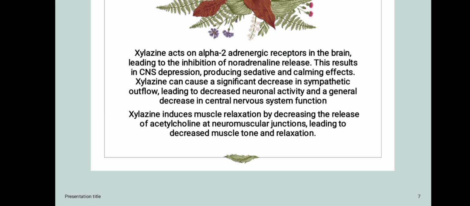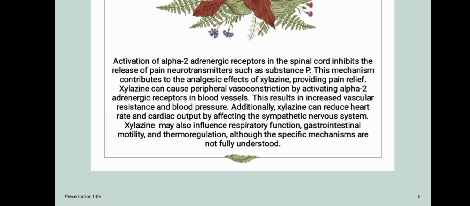Next, the action of xylazine in the human body. Activation of alpha-2 adrenergic receptors in the spinal cord inhibits the release of pain neurotransmitters such as substance P. This mechanism contributes to the analgesic effect of xylazine, providing pain relief. Xylazine can cause peripheral vasoconstriction by activating alpha-2 adrenergic receptors in blood vessels.